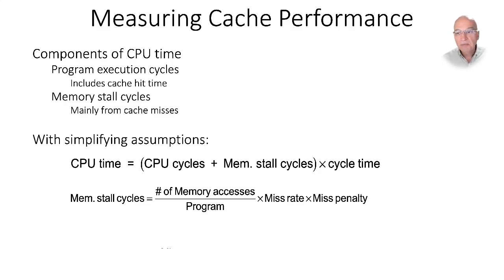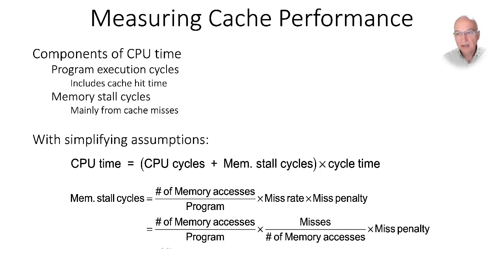So we can now replace the miss rate with the number of misses divided by the number of memory accesses. And as you can see now, we have the number of memory accesses on the top and on the bottom. So we can simplify and say that the number of memory stall cycles is equal to the number of misses in the program times the miss penalty. That is the amount of time that you have to wait when you try to fetch data from the cache and the data is not in the cache.